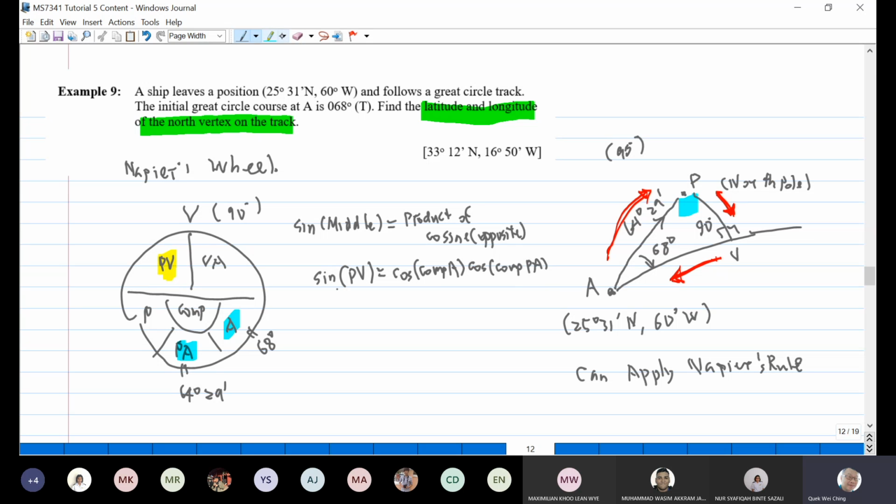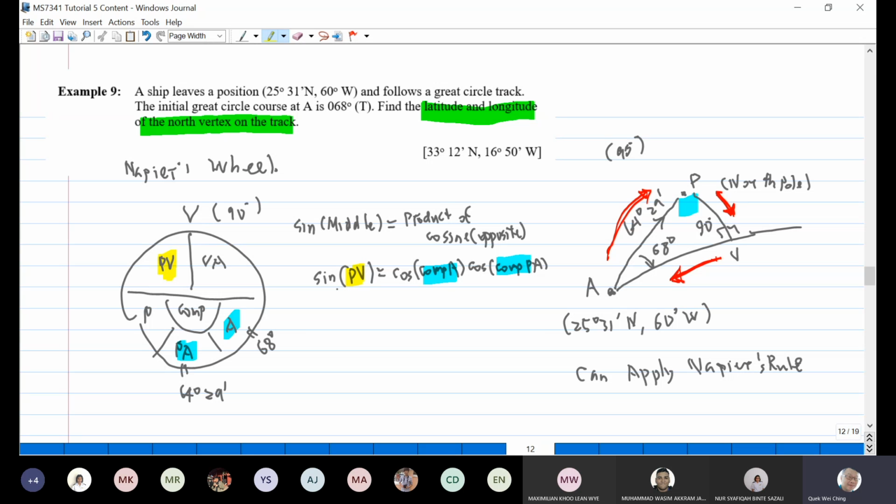These two are the blue portion, and this is the yellow I want to find, PV.